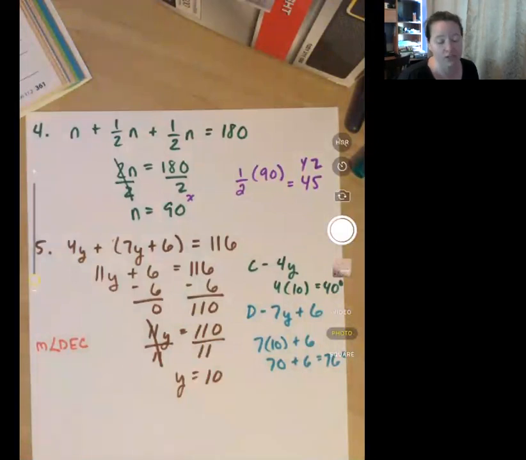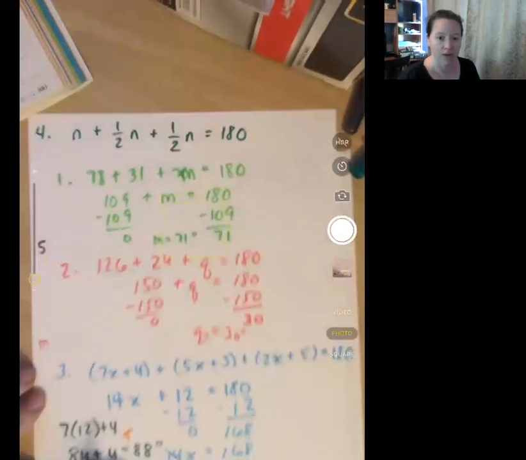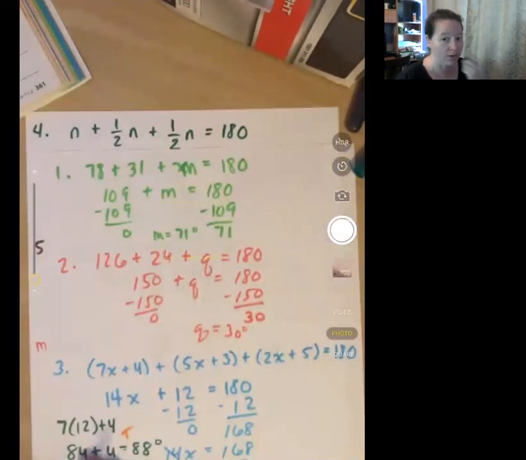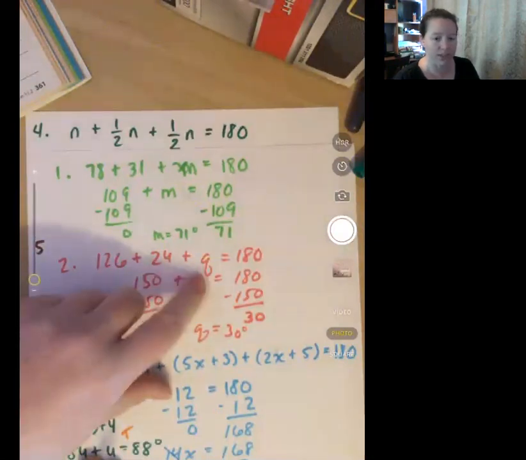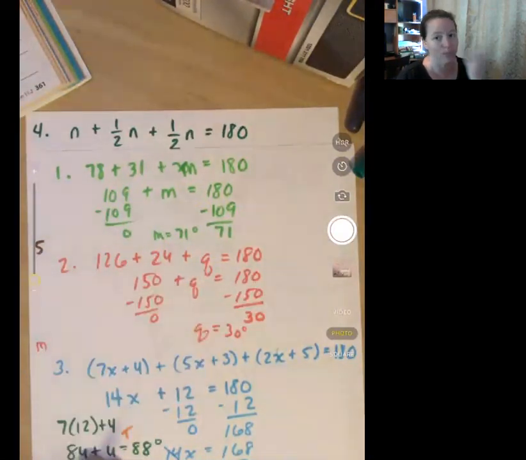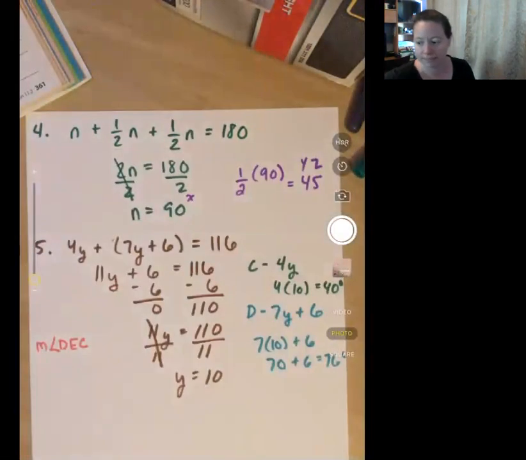So there's a couple ways of doing this. We could either go back to what we were doing previously, like on this page where we added up all three of our angles and then got 180. We could do that. I'm not going to do that.